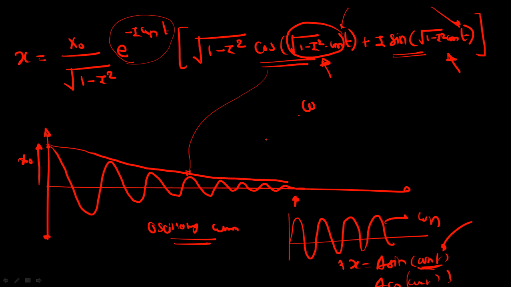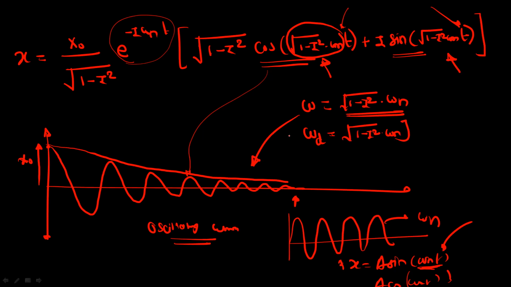So this value is similar to the frequency omega n t. So omega for this waveform is equal to square root 1 minus zeta square into omega n. And this frequency is called the damped frequency, which is square root 1 minus zeta square into omega n. So it is taken as omega d. That is the damped natural frequency. So there is a difference between natural frequency and damped natural frequency.